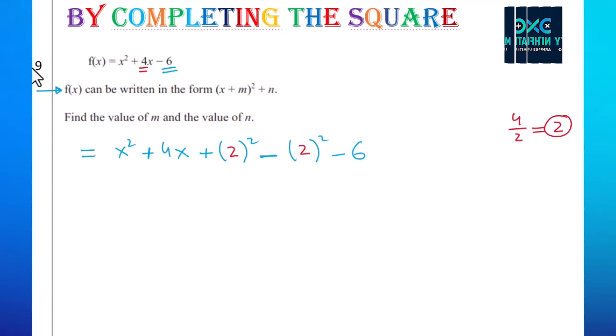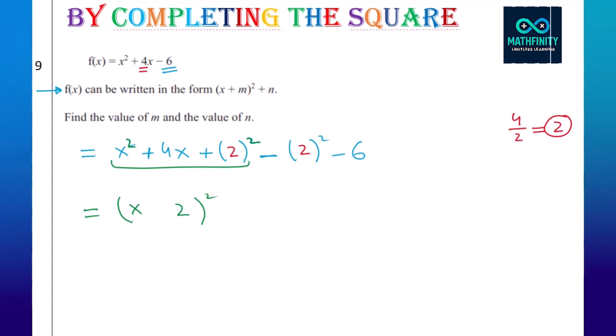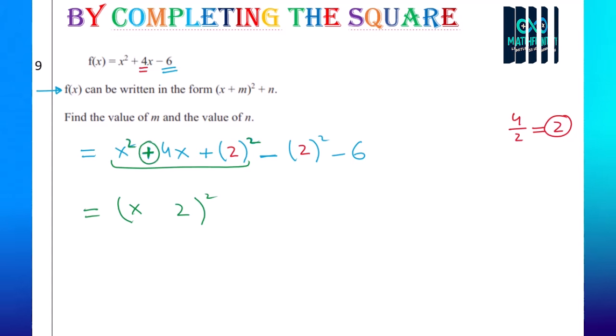Okay, after writing the number inside the square, we are going to close the square from the first three terms. What you will see here, the square terms, the square numbers you have to write here, x and 2. Whatever the sign you see here, the same sign you have to write inside the bracket, plus.